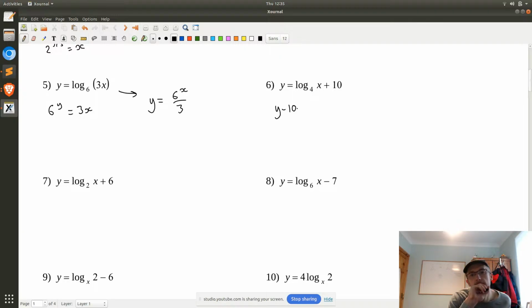You know what? Why don't I swap the variables just at the very start? It's a lot better, right? Okay. Just like that. And then do 4 to the power of both sides.